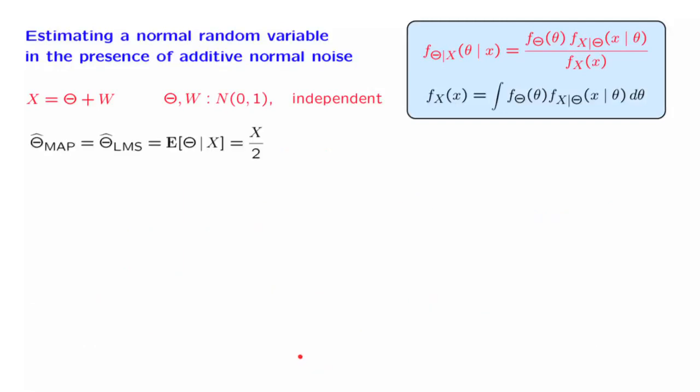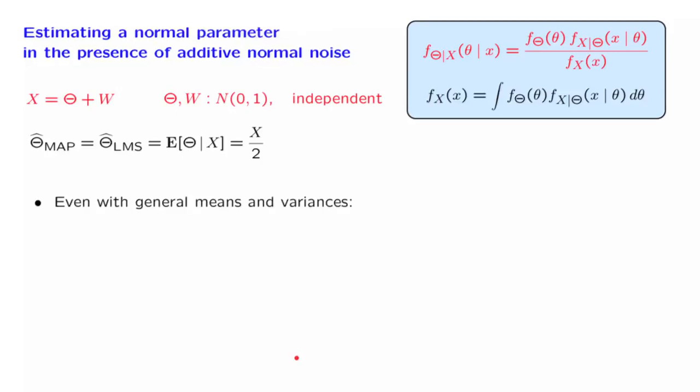How special is this example? It turns out that the same structure of the solution shows up even if we assume that theta and w are independent normal random variables, but with some general means and variances.